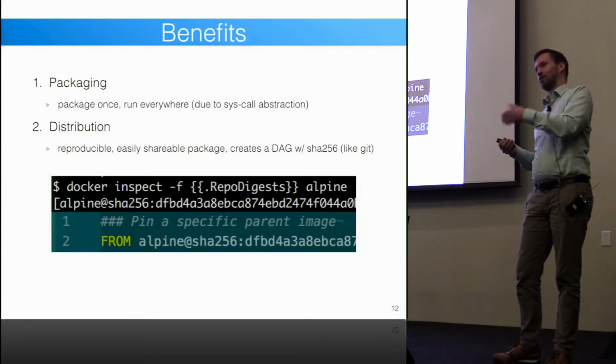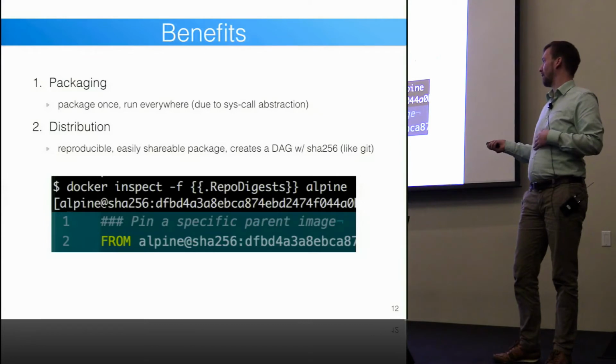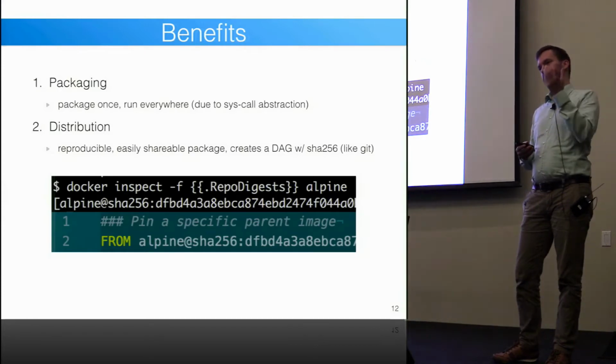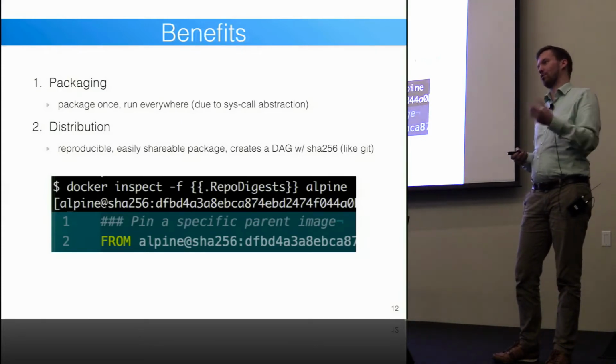So you can tell, I would like to use this Alpine Linux container with this specific ID, and then you can make sure that you get the very same container for your application.